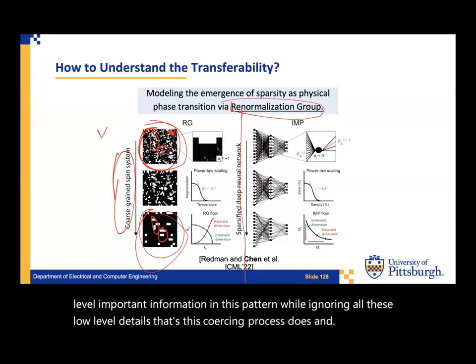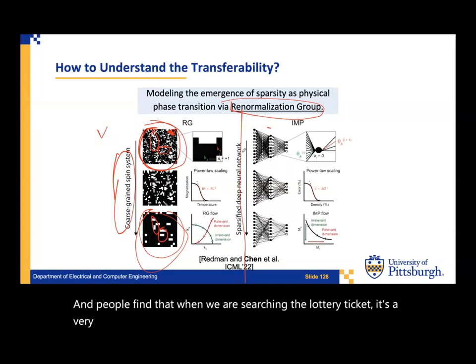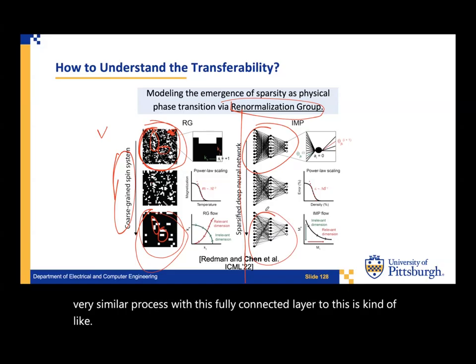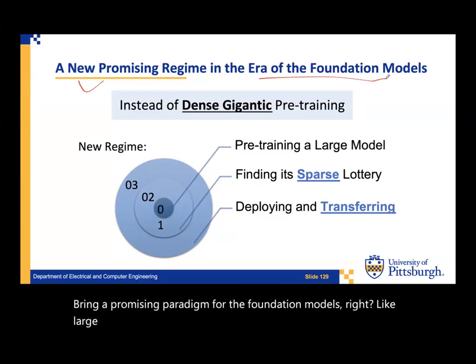And people find that when we are searching for the lottery ticket, it's a very similar process with this fully connected layer, a kind of coarsening process. So this promises a promising paradigm for foundation models, like large language models, ChatGPT, Google Gemini.